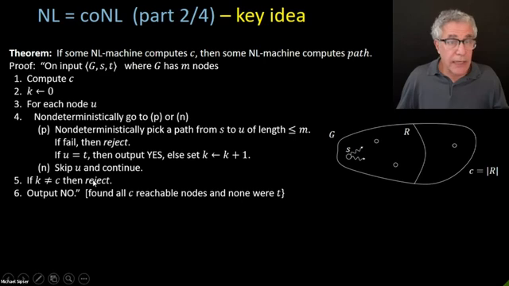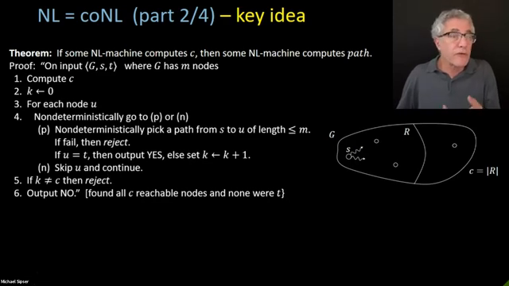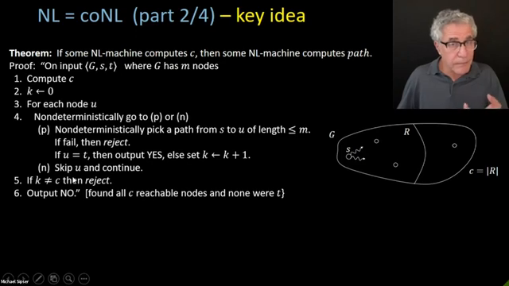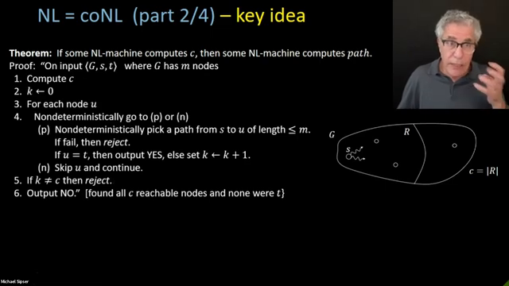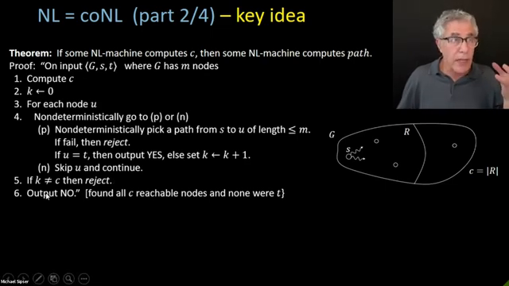But then your count is not going to add up right, because you did not find all the reachable nodes. If T is one of the reachable nodes, and you know there are 100 reachable nodes, and you skipped over T as one of the ones that you say is unreachable, you at best can only find 99 reachable nodes, and you're not going to end up saying no, you're going to end up rejecting. So it's a very good question, but you have to think through what's going to happen here.